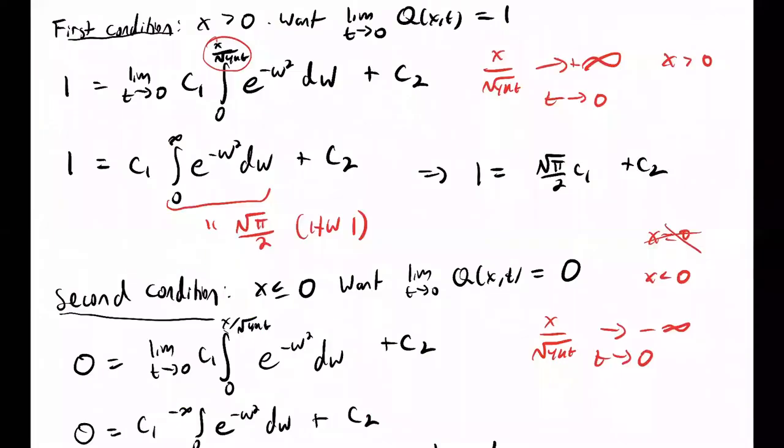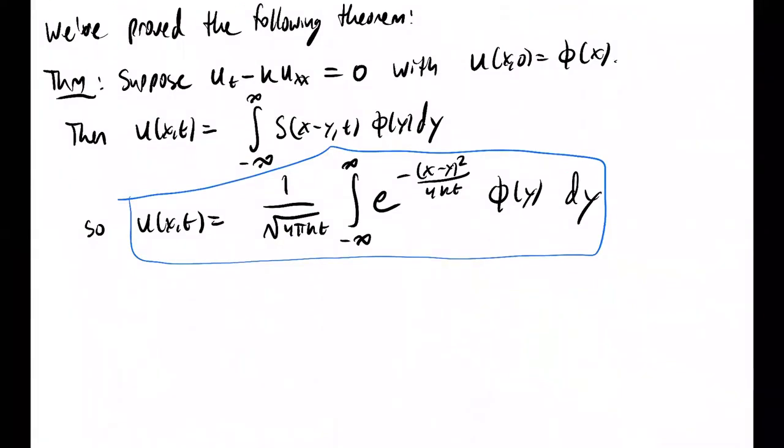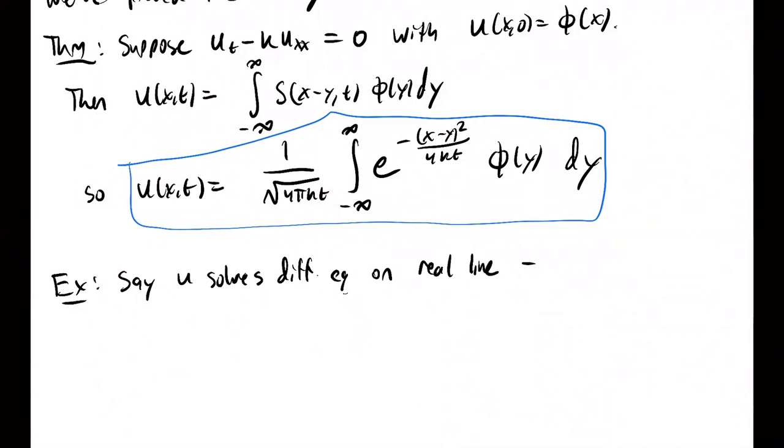So the good news, at least, is that now that we know the formula, you can kind of abstractly write down what the solution to the problem is. So for example, let's suppose U solves the diffusion equation on the real line, where x is between minus infinity and infinity.